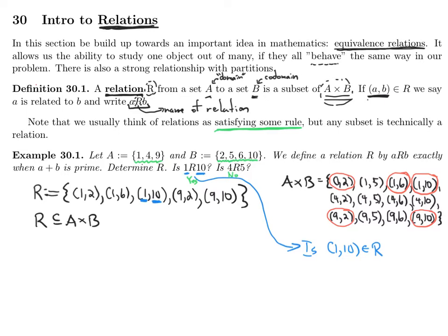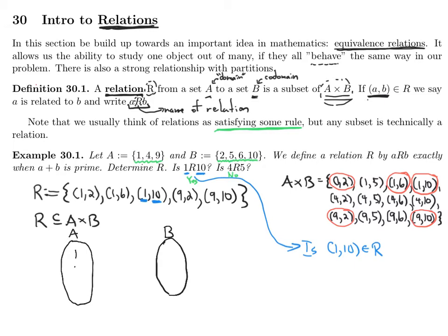And I just want to show you another way of thinking about relations as well, and sometimes this is helpful. You can do it in what's called a digraph, I guess. So you can draw all of your quote-unquote domain set in one bit and all of your codomain set in the other bit.